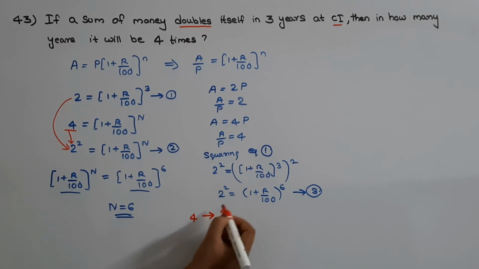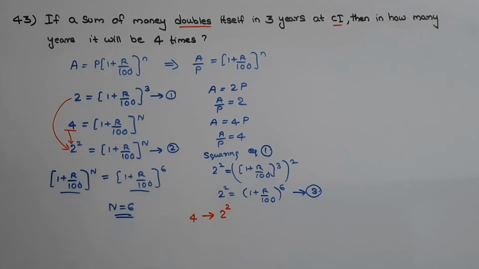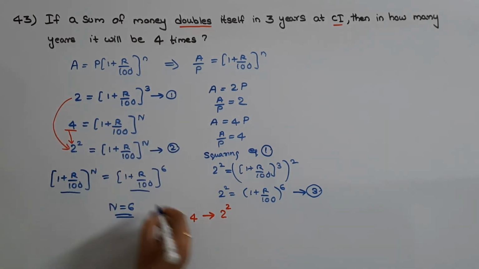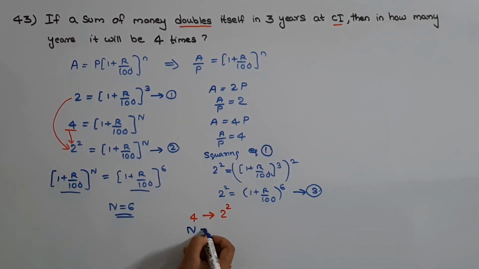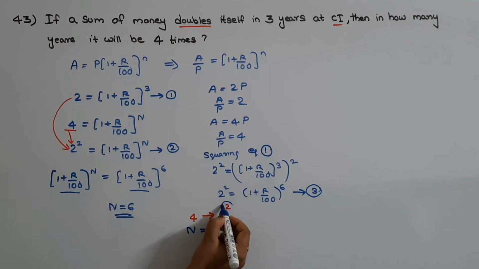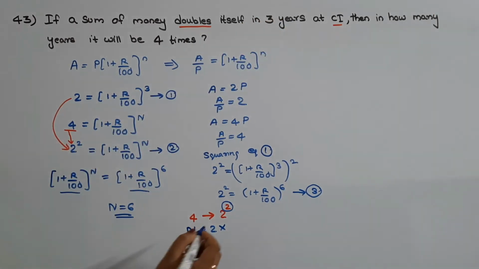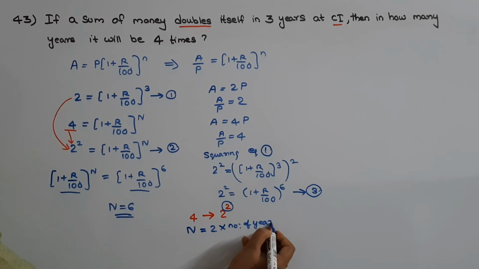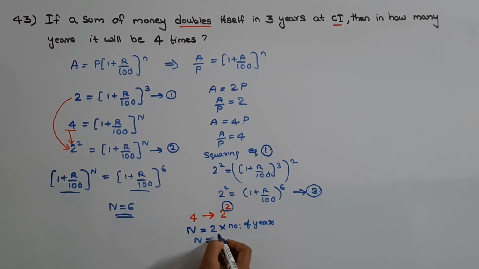So, what is 4? 4 is 2 square. Now, in order to get the value for this n, multiply this power, that is 2, to the number of years given. Number of years, that is n is equal to this 2 into number of years, that is 3.